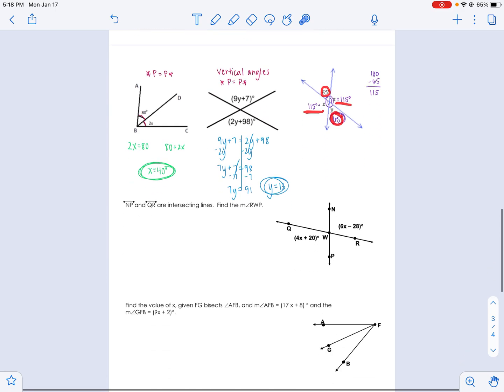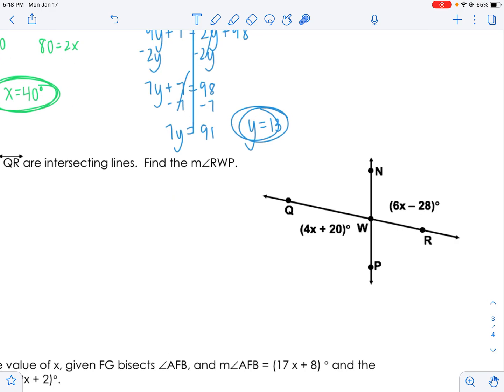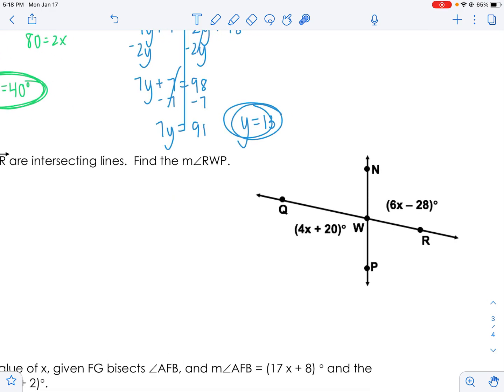So now we have a picture. It says, if NP and Q are intersecting lines, find the measure of angle RWP. So RWP would be that piece right there. Now, remember, whenever we have multiple step problems, our first step is usually going to be to solve for x.